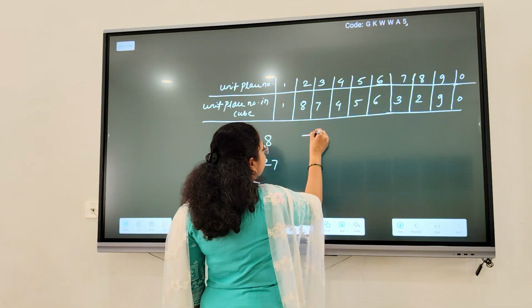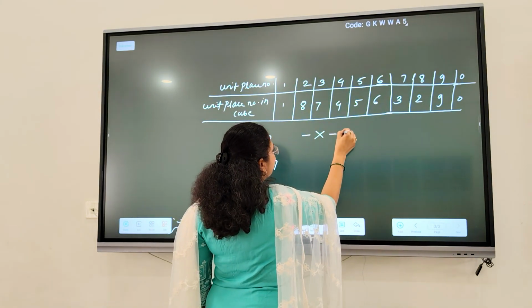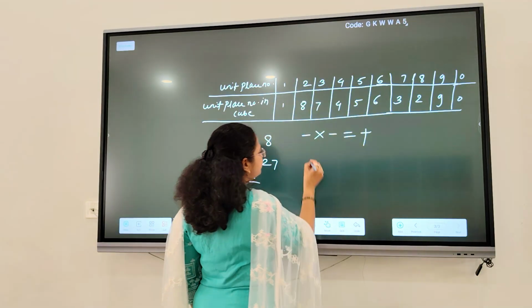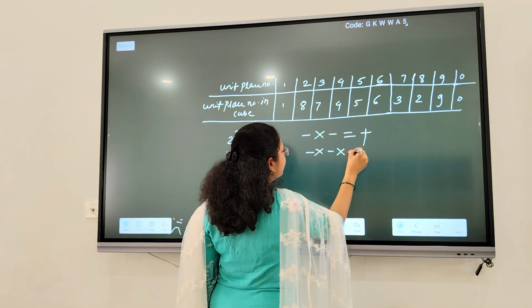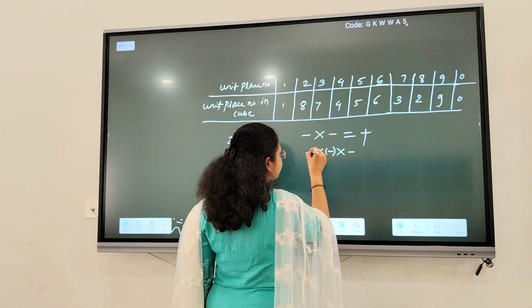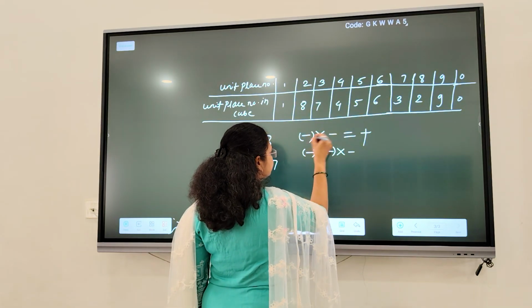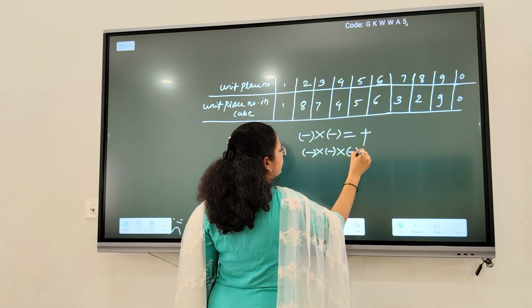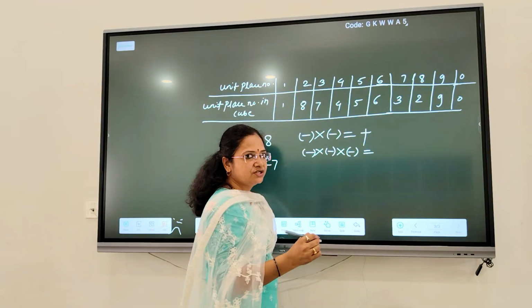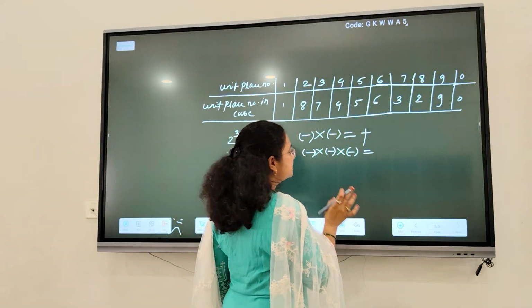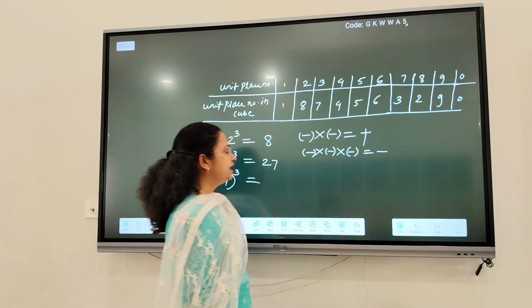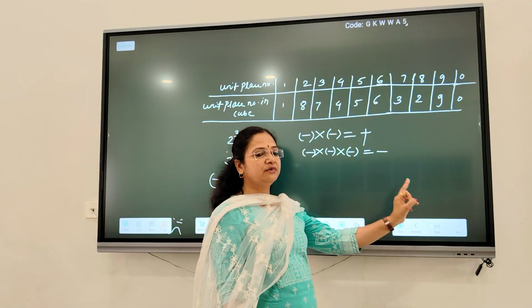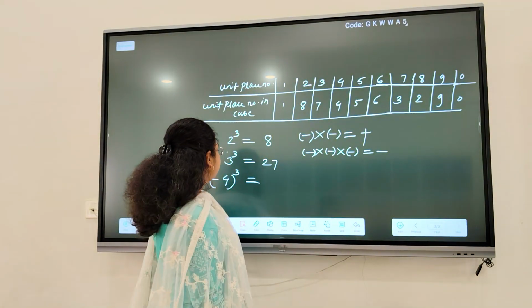That is, minus multiplied by minus is plus, minus multiplied by minus multiplied by minus is minus. These are rules of integers. You have seen them in 7th standard. So the answer will be negative, if 3 times negative number, the answer will be negative.